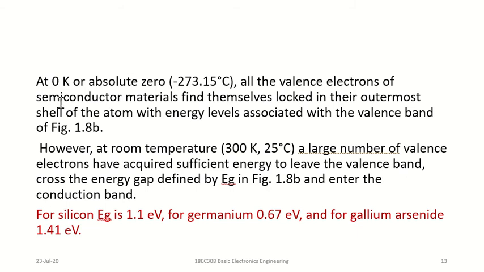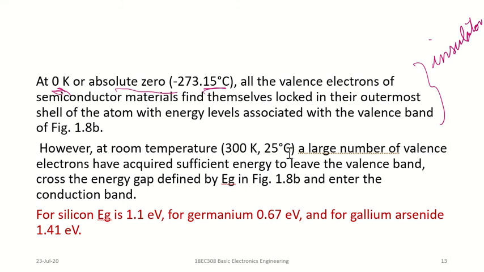Next, at absolute 0 Kelvin, or in degrees Celsius minus 273.15, all the valence electrons are locked. Locked means they are not free to move. That means at absolute 0, a pure semiconductor is an insulator.